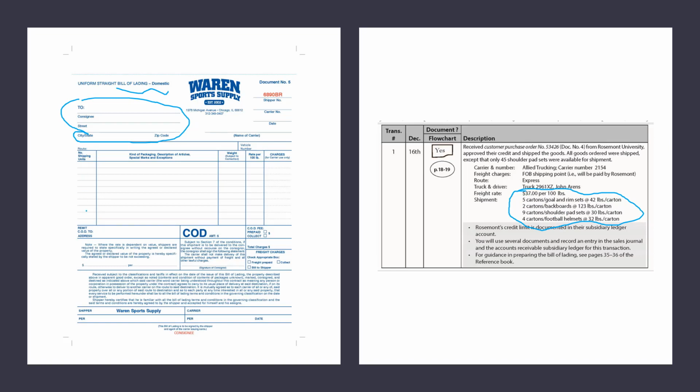Okay, so you just put it here, number of shipping units, description and weight. You can multiply the 5 cartons by 42 to get the weight, and the rate per pound is 37, and the charges total, and you can get total charges here. For the other part, we don't really need to care except that we need to sign, okay?